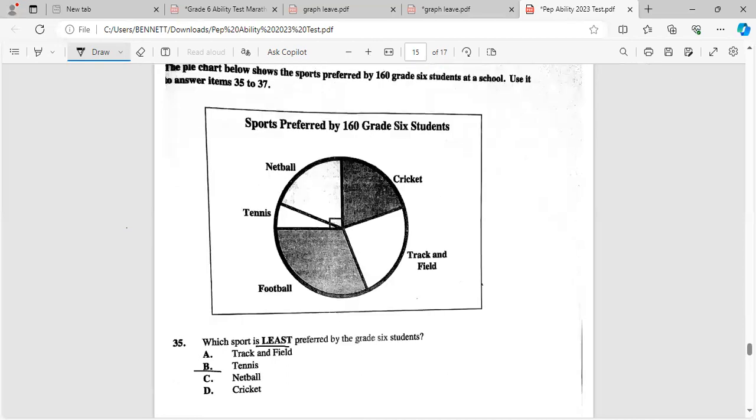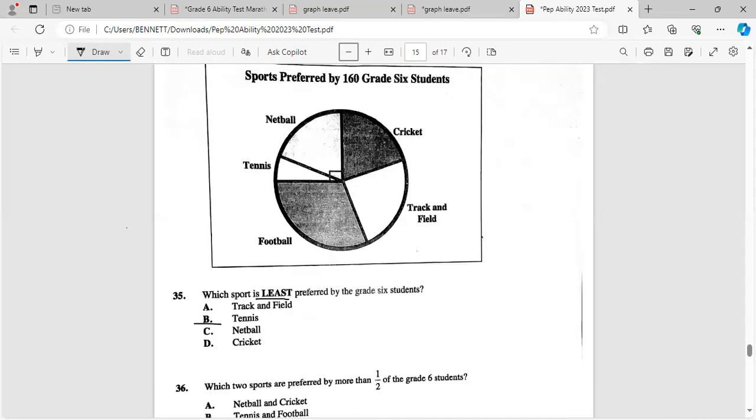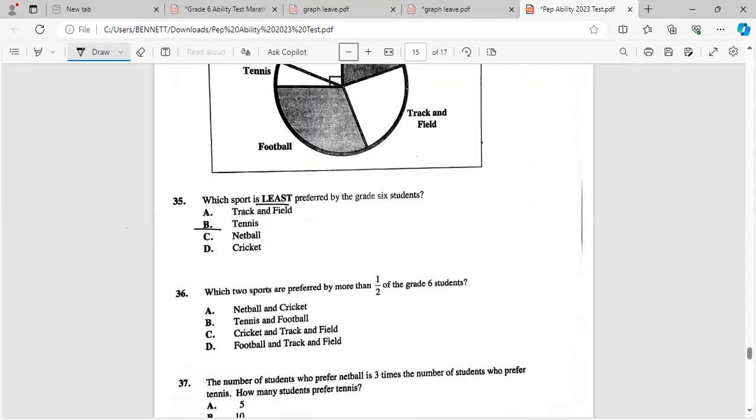Which two sports preferred by more than half? Remember, they give you a combination, so you still have to go back down. It's not just any two they want. Sir, can I see the options? Yeah.